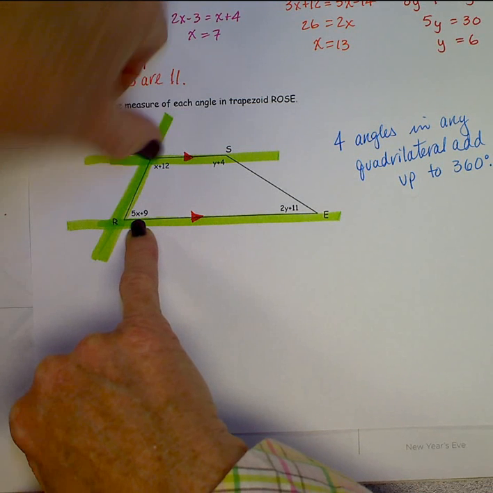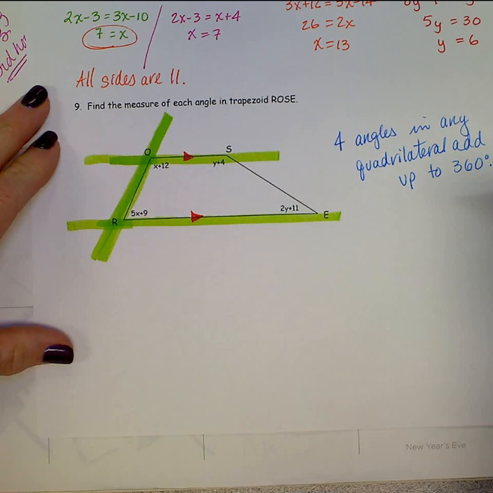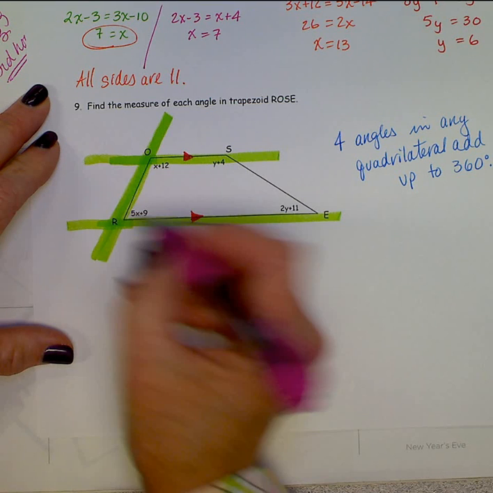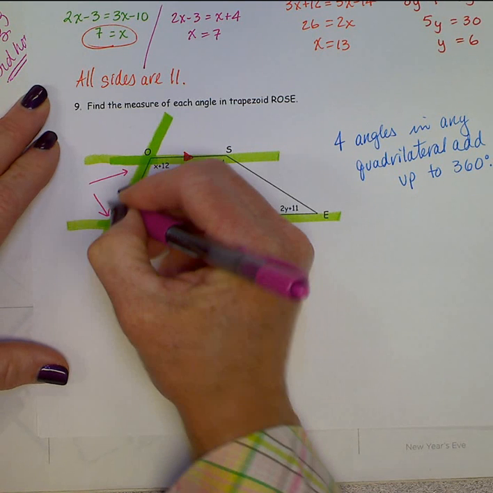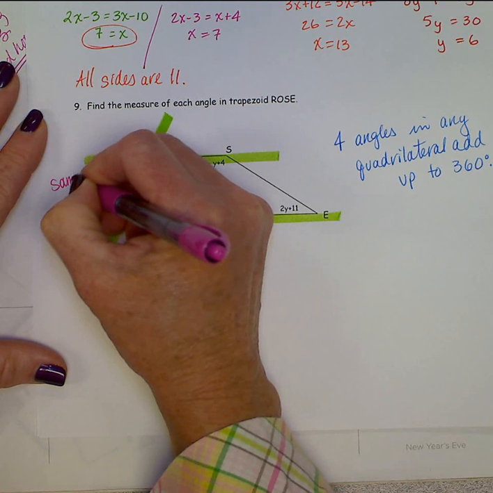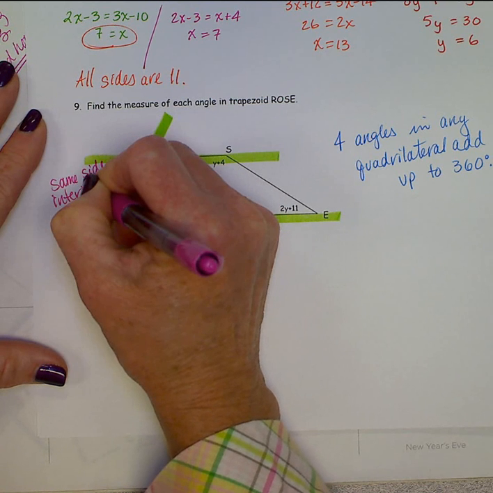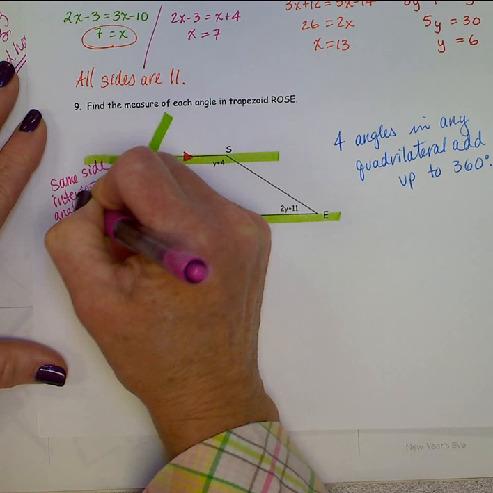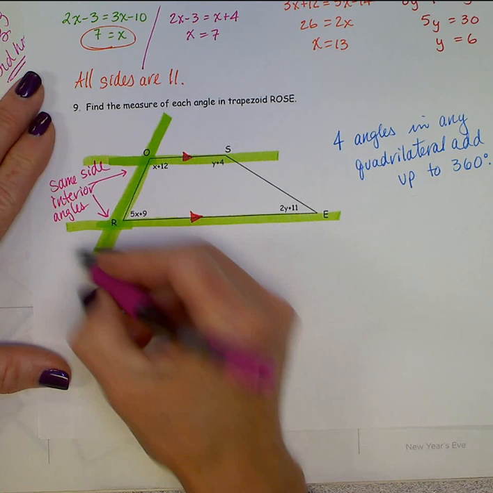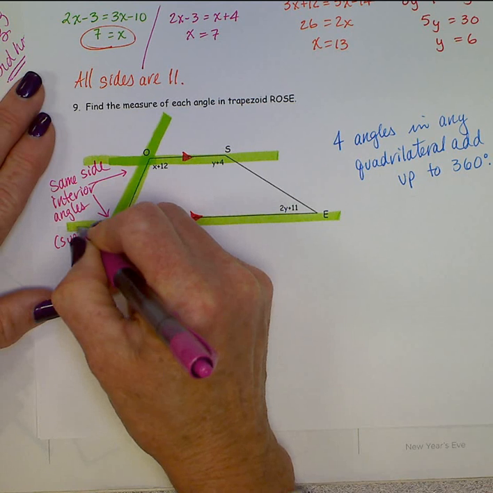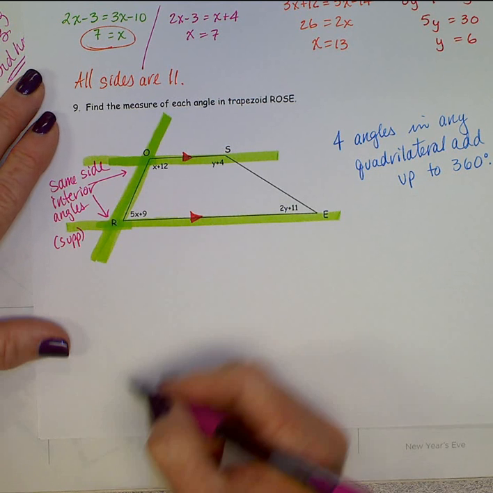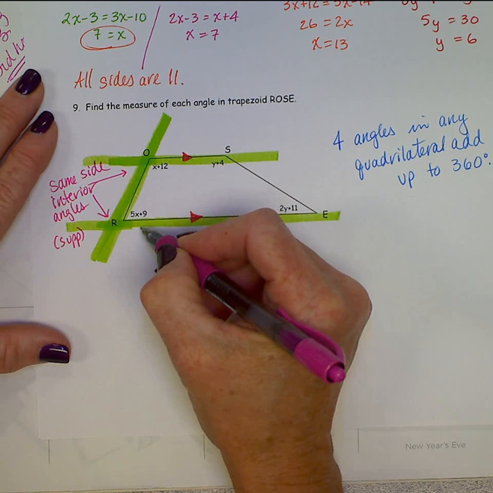Those are same side interior angles. So they are supplementary, which means that these 2 have to add up to be 180.